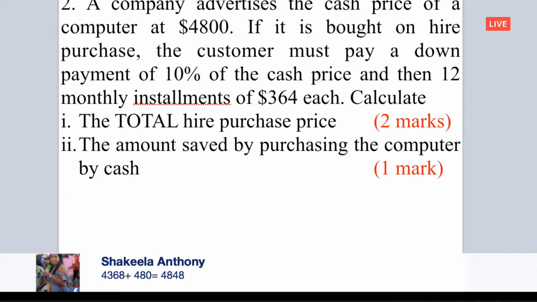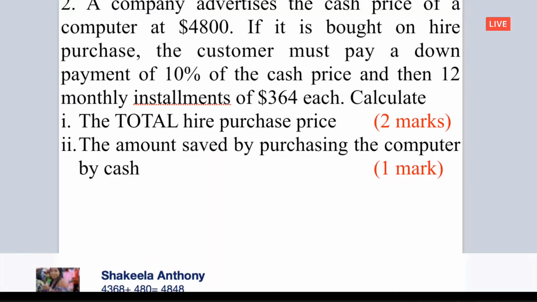So Miss Antoni, you have given us an answer. We're going to check and see if your answer is correct.